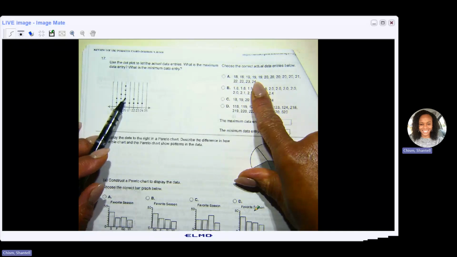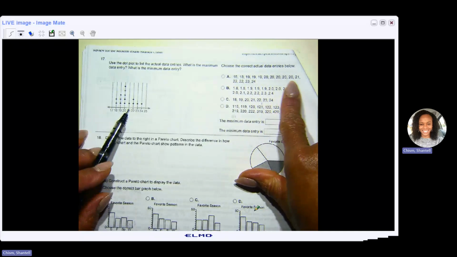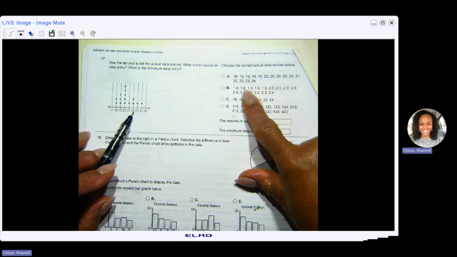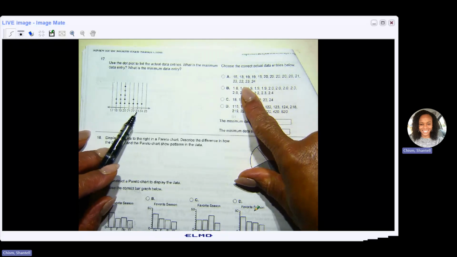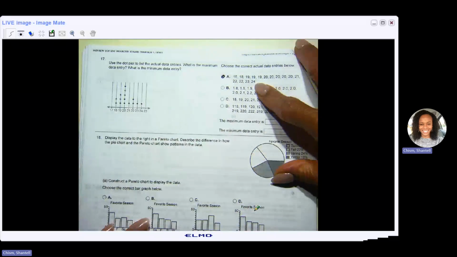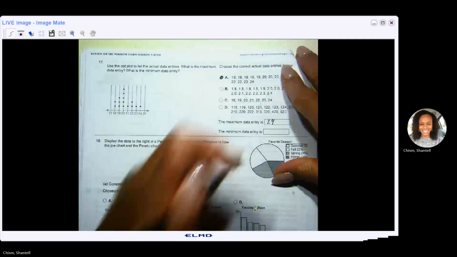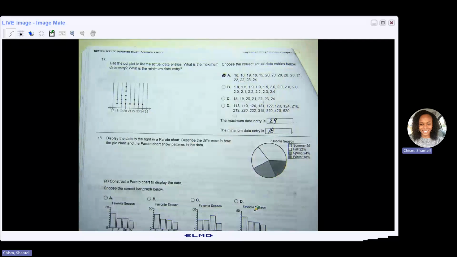We have 5 20s. 1 21. 2 22s. 1 23. 1 24. So that would be A. And then the maximum data entry would be 24, and the minimum would be 18. Okay.